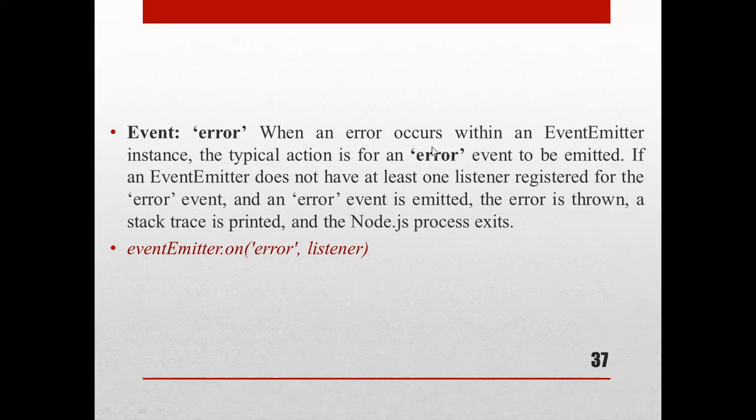If an EventEmitter does not have at least one listener registered for the error event and an error event is emitted, then the error is thrown, a stack trace is printed, and the Node.js process exits. See the syntax for registering with the error event: eventEmitter.on, then error, comma, listener.